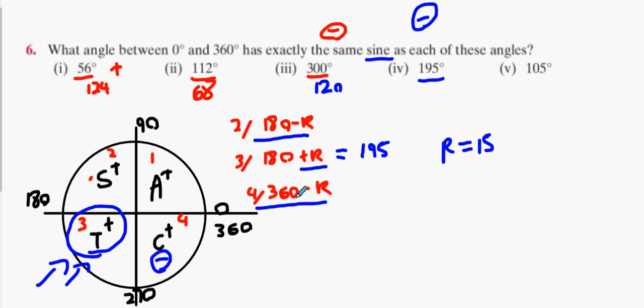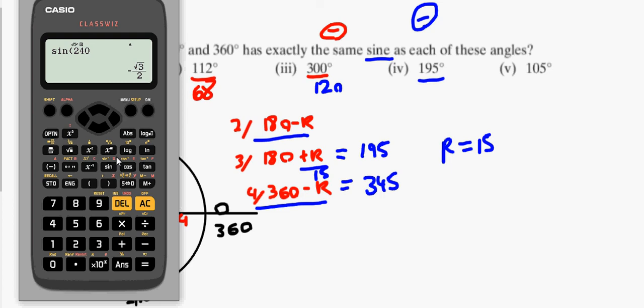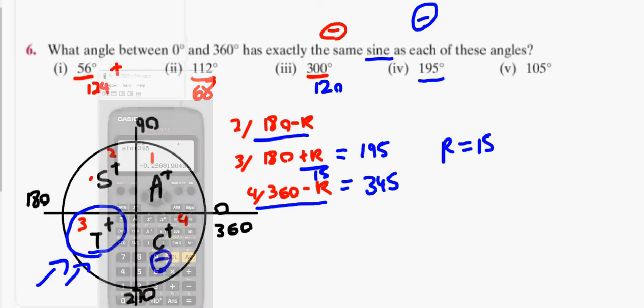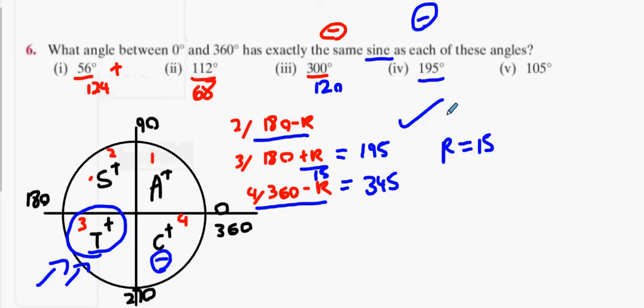So it's going to be 360 minus 15, which is 345. So what I'm basically claiming is that sine 195 is the same thing as sine 345, which it is. Okay, I think we get the gist of how to do this now, right?